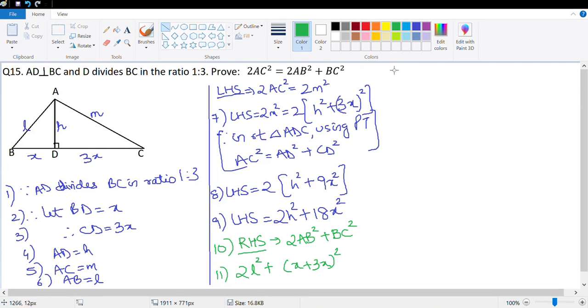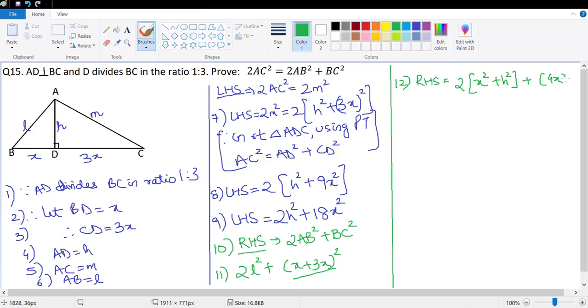Let's see if we can change L into H. Yes, so we can write L square is equal to H square plus X square. So point number 12, right hand side is equal to 2 times L square can be changed as X square plus H square, and the second part, which is X plus 3X, that's 4X whole square.